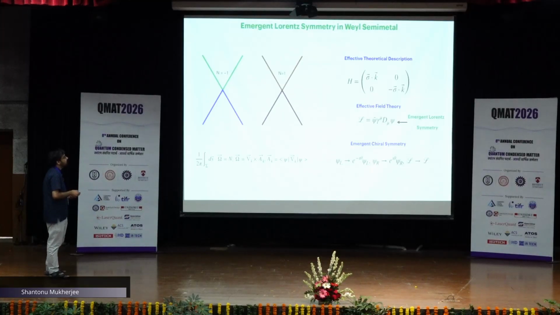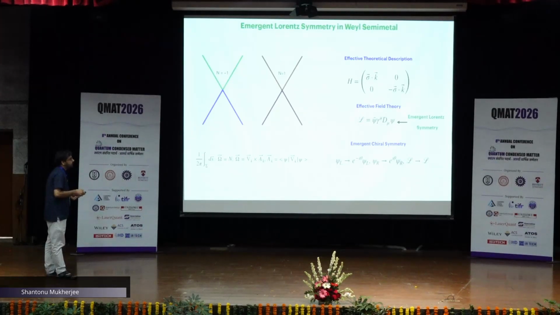Now, if one expands the tight binding Hamiltonian around these nodes, the excitations of the Hamiltonian come about as something like sigma dot k, and the total Hamiltonian considering both the nodes is written as shown here. Now, one can try to construct an effective field theory from this Hamiltonian, and this effective field theory is exactly that of Weyl fermions as encountered in particle physics, and therefore it has an emergent Lorentz symmetry.